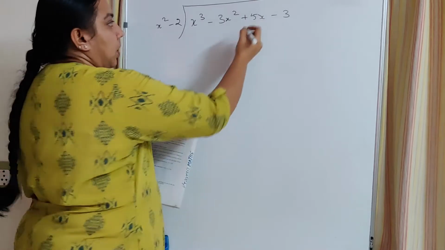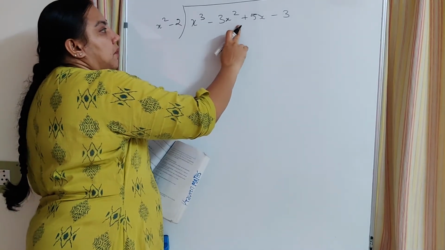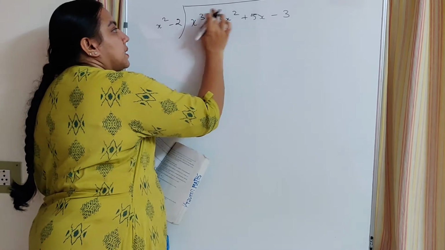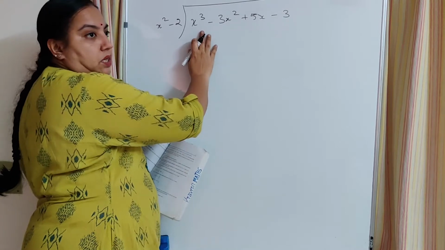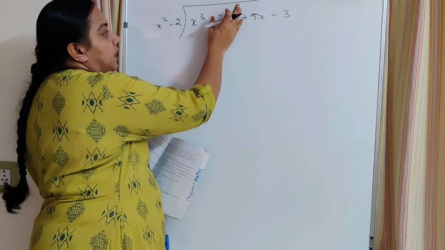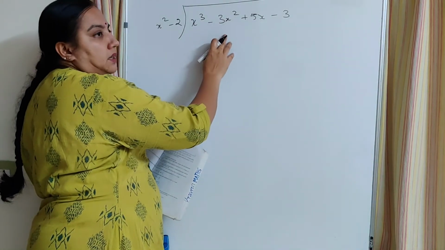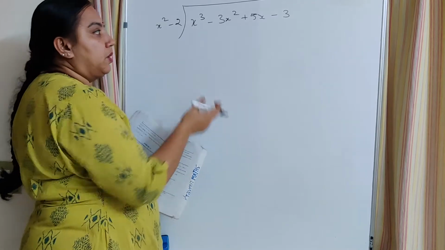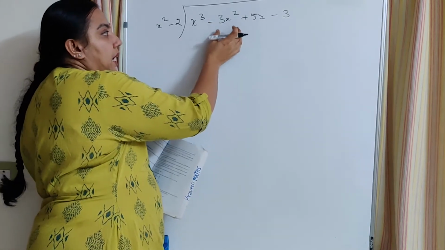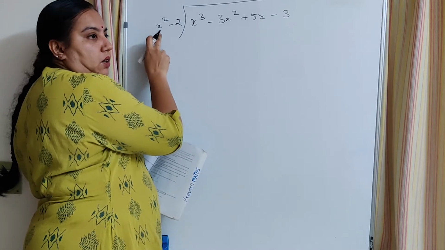Here the only part you have to take care is to always write the terms as per their degree, in descending order. And suppose one of the degrees is missing, say x square is not given, then leave a space or a gap. You can write a 0 also, if you are comfortable. The same applies here also.